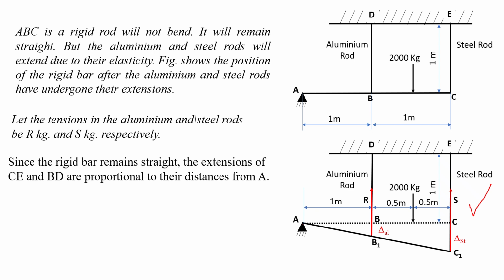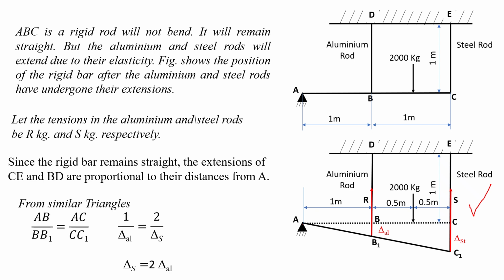Here observe, there are similar triangles, that is triangle ABB1 and ACC1. These two are similar triangles. So from the similar triangles we can say that AB divided by BB1 equals AC divided by CC1. We know the AB distance is 1 meter, so AB equals 1. BB1 is the deformation of the aluminium bar, that is delta AL.